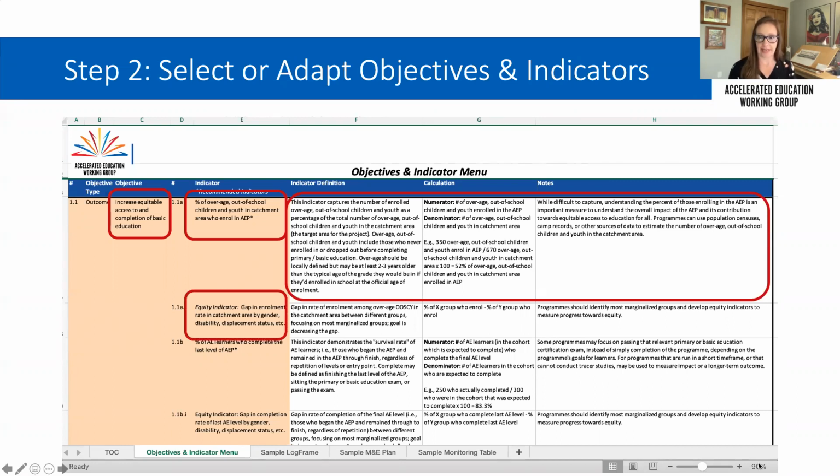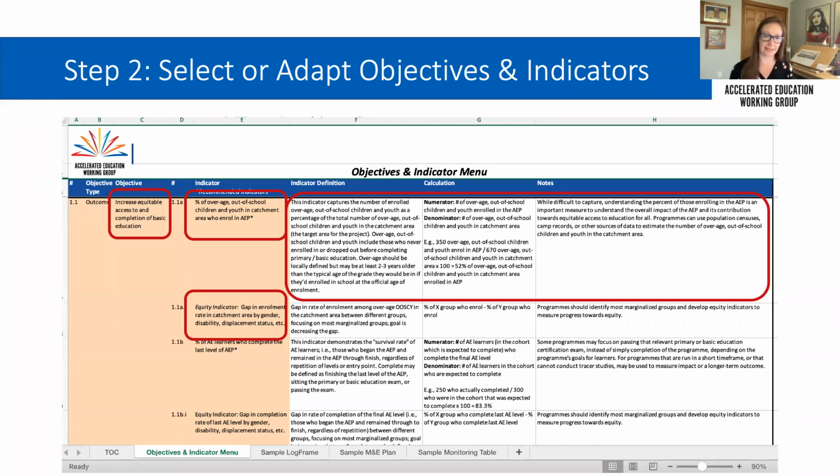In line with our aim of ensuring equity in accelerated education programs, we also included several equity indicators, and those are a type of indicator that go beyond simply disaggregating data by gender, displacement status, disability status, or any other disaggregation type, but actually creates an indicator to measure equity specifically, to be able to track it over time.